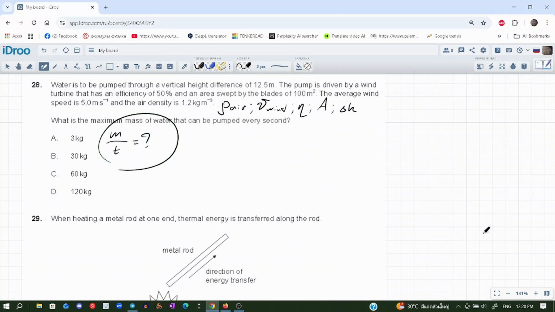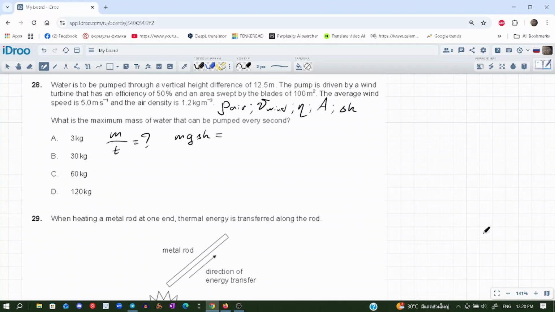How will we do this? For sure, we will change the potential energy of this water. We will change it by mg delta H, right? If we lift it. And how do we do this? Actually, the wind does work here.